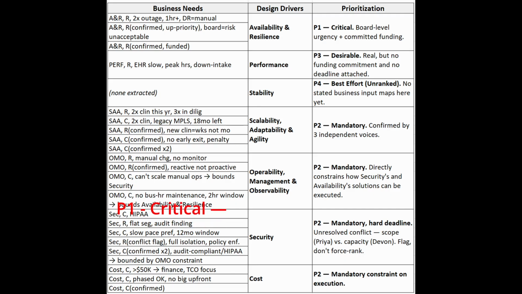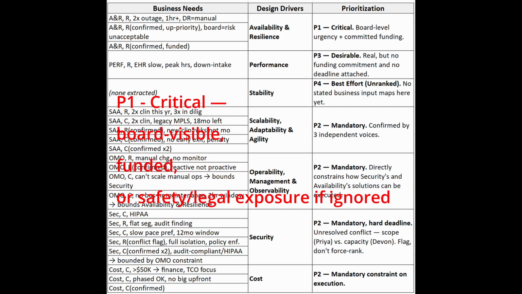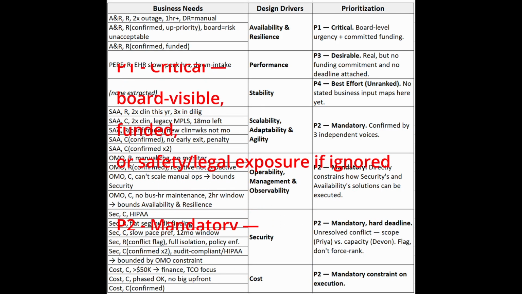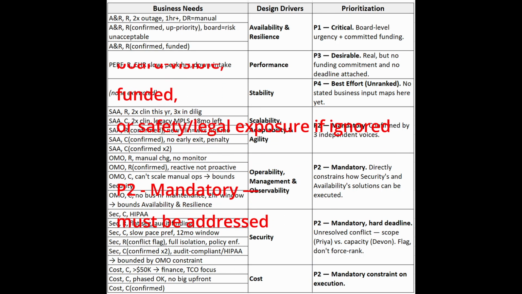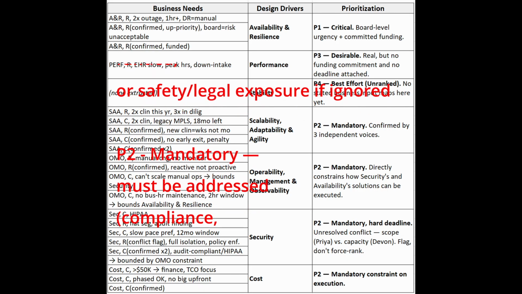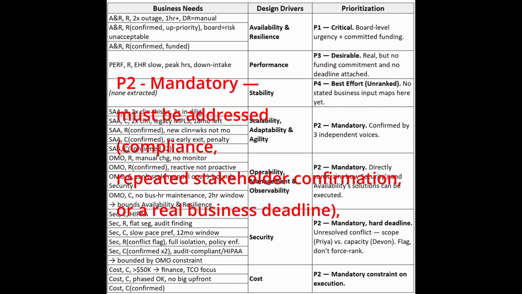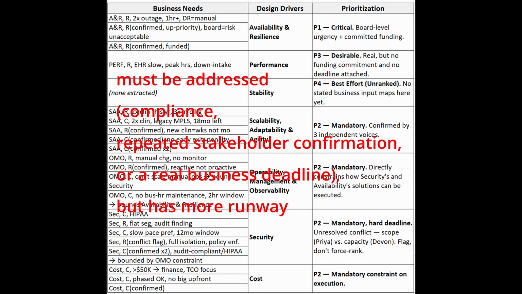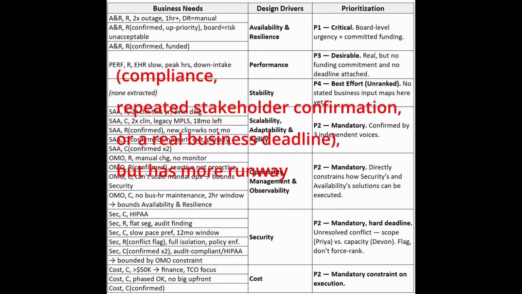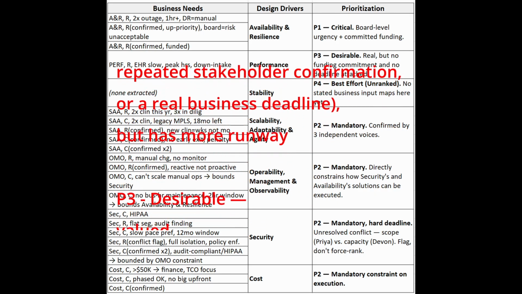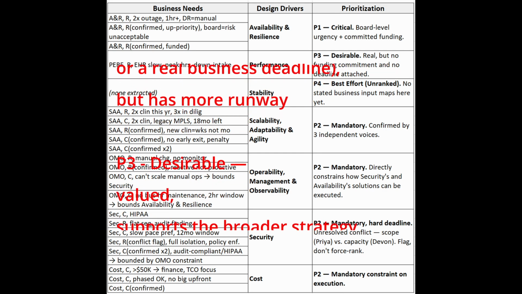For example, attracting board attention, having an approved budget, or facing security or legal risks if currently ignored. P2, mandatory. It signifies a task that must be addressed, involving compliance, repeated stakeholder confirmation, or a clear business deadline, but allows for a relatively generous timeframe.